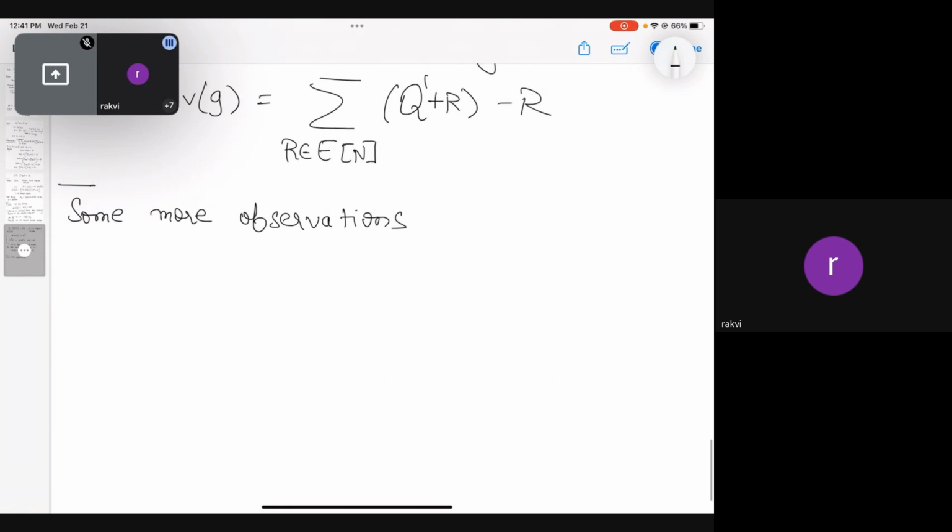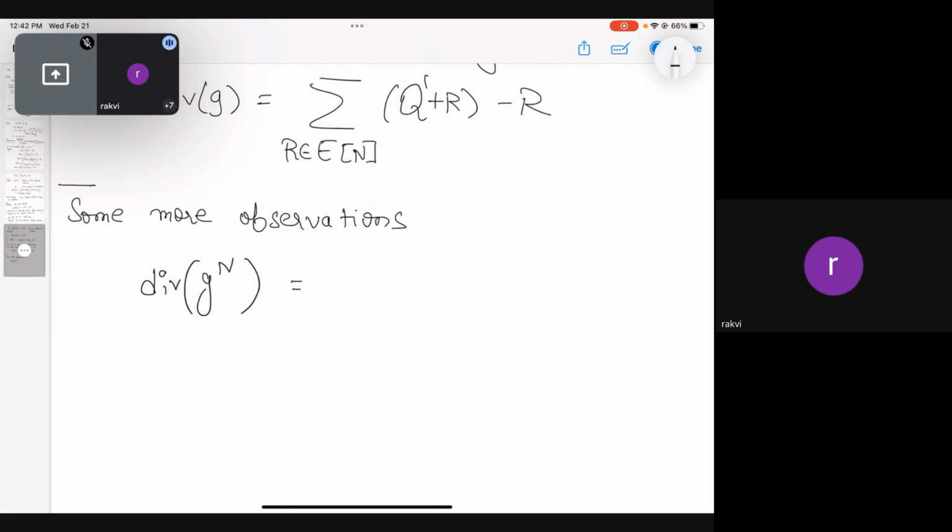If I raise a function to a power and ask what its divisor is: if I multiply two functions, the order of zeros gets added up, and similarly the order of poles also gets added up.